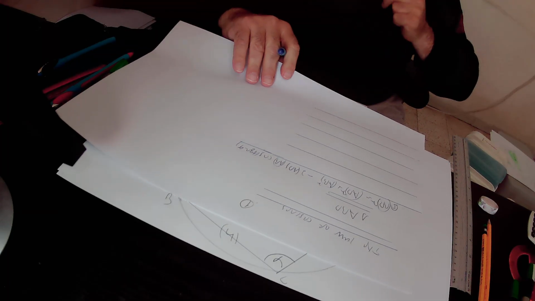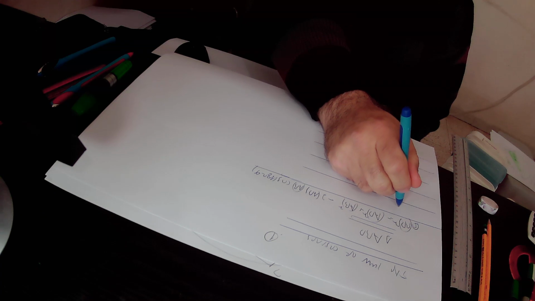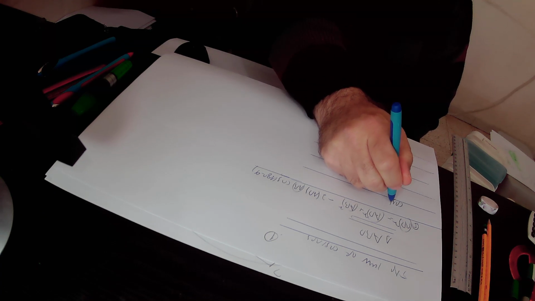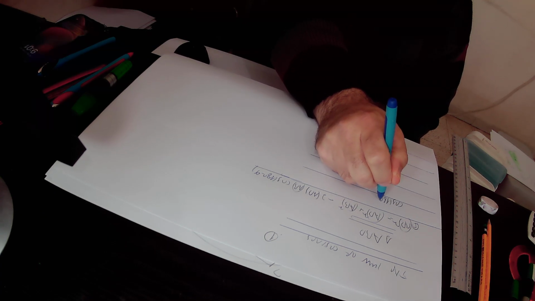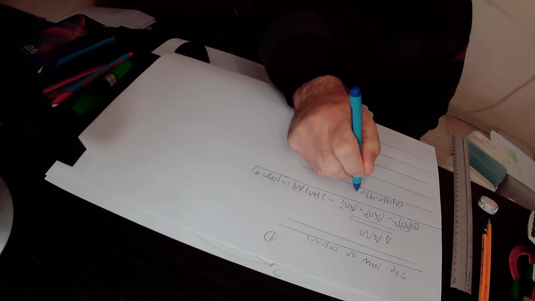We have the trigonometric identity that says that cosine 180 degrees minus alpha equals minus cosine alpha.